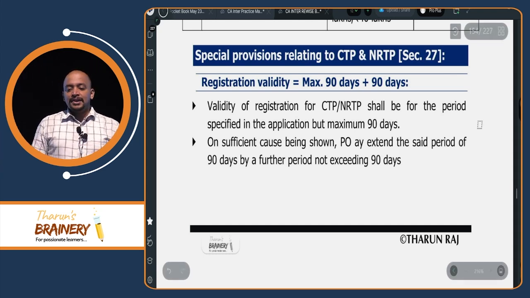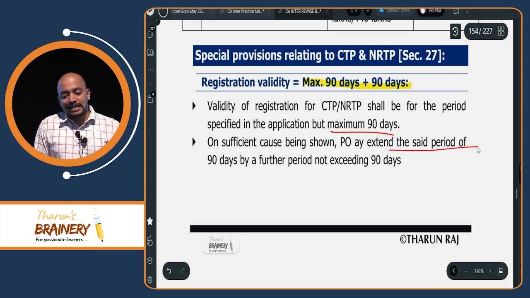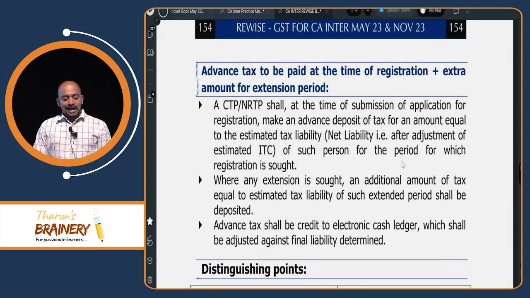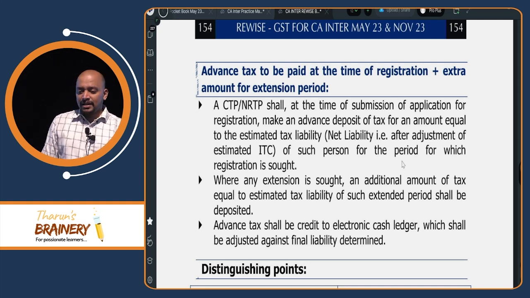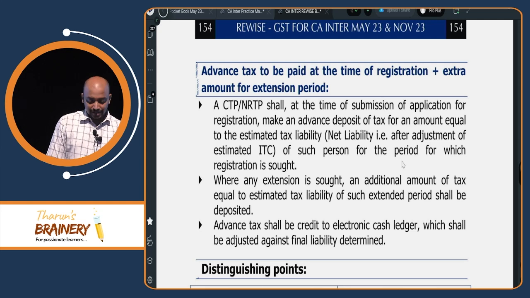See that. Registration validity is maximum 90 days plus 90 days. So first, they have to make application for registration, and that application will be maximum for 90 days. On sufficient cause being shown, that can be extended for a further period not exceeding 90 days. Then, during the time when they are registered as CTP and NRTP, they have physical place of business or they don't have physical place of business?